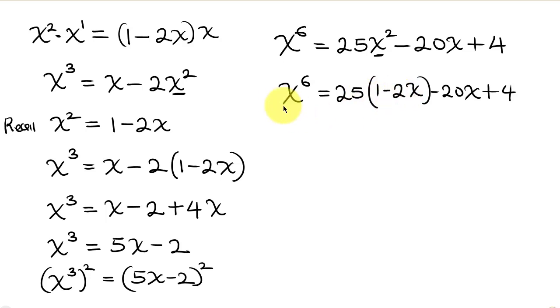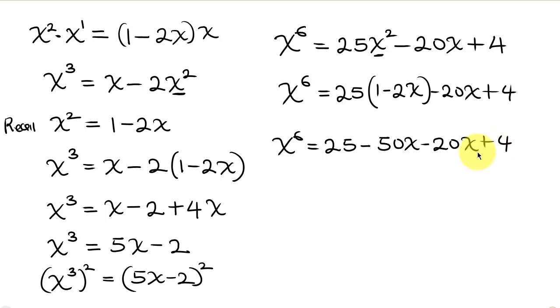Now let's open up this bracket. So we see that x to the 6 is 25 times 1 is 25 minus 25 times 2x is 50x, and then minus 20x plus 4.